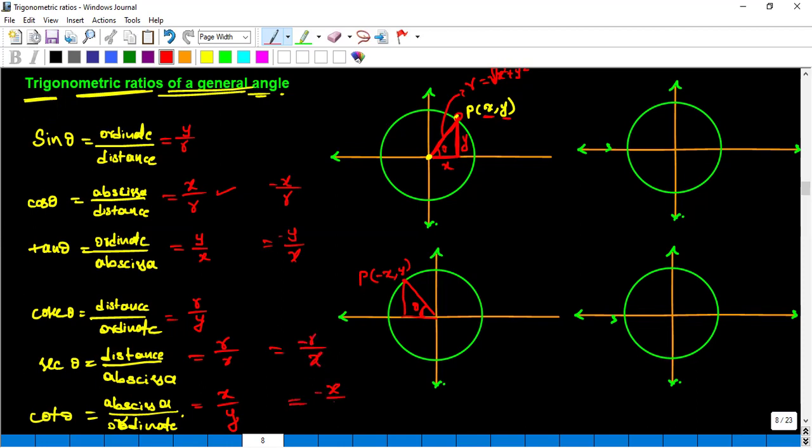Minus x by y. Which are not involved here? Only cosecant and sine. In these two, we don't have any x variable. That's why we are not getting negative. Same like that, here also. Any quadrant you take, will follow the same process.